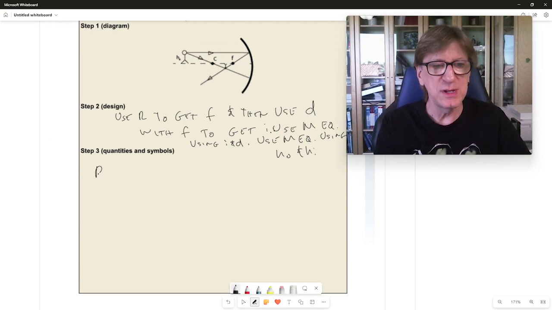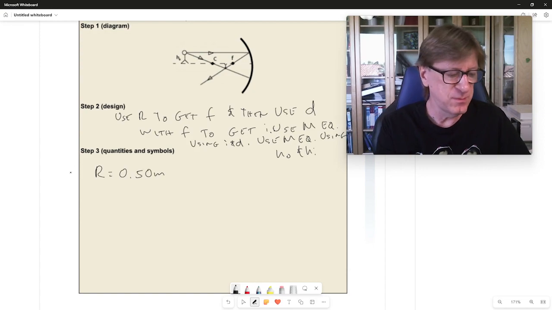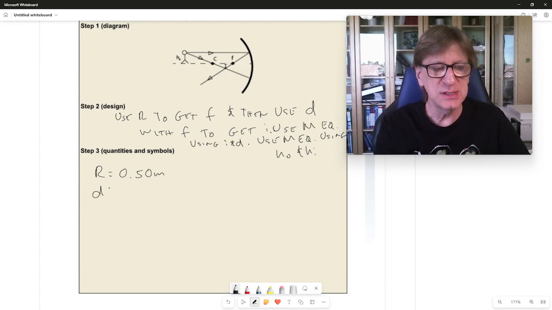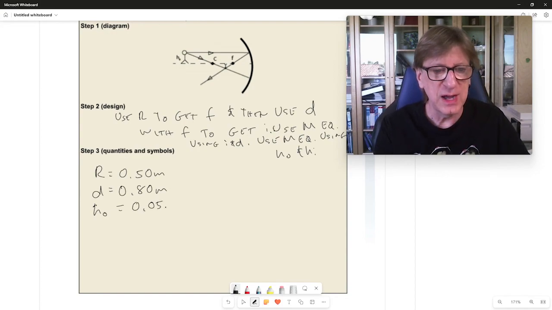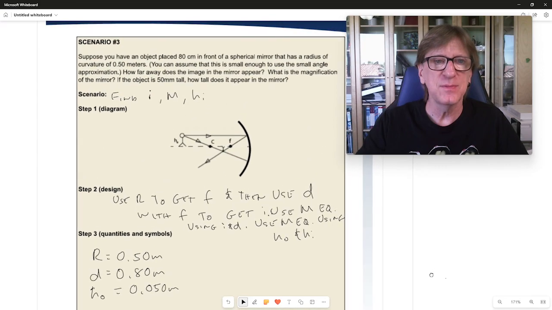Okay, so the radius of curvature we said was 0.50 meters. We said that the object distance was going to be 0.80 meters. We said that the object height, which we call HO, is going to be 50 millimeters. So that's going to be 0.050 meters. And double check that you've got your conversions correct.